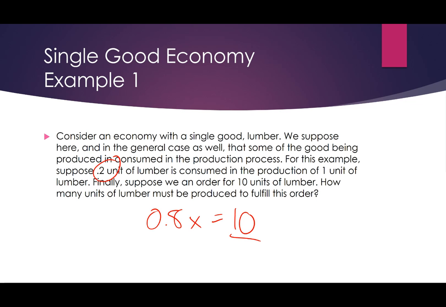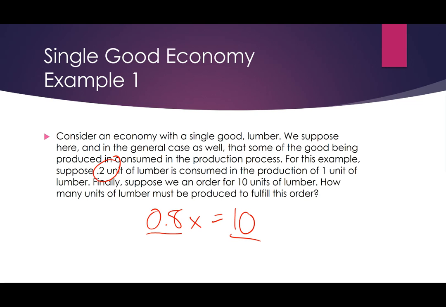So my goal is 10 units of lumber. I use 0.8 every time I try to use 80% of it. So how much do I need to really find in order to make 10 units in total? So that's my simple equation there. 0.8 times however much I need to find to equal 10 as a net value.